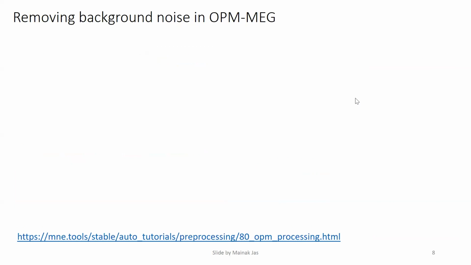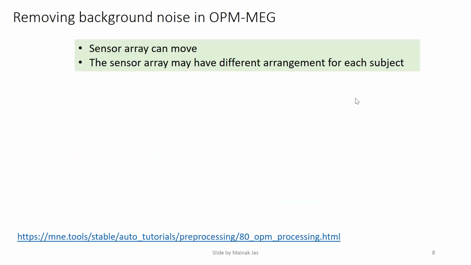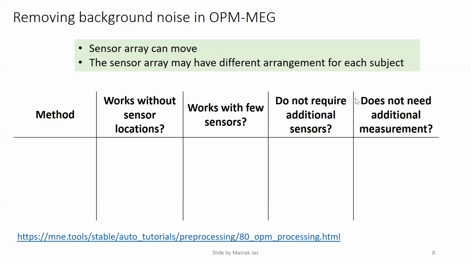Now, to remove background noise in OPM-MEG, there are some additional challenges, as Robert and others mentioned. The sensor array can move, and the sensor array may be different for different subjects. Depending on the head shape and size, you may have different sensor arrays.